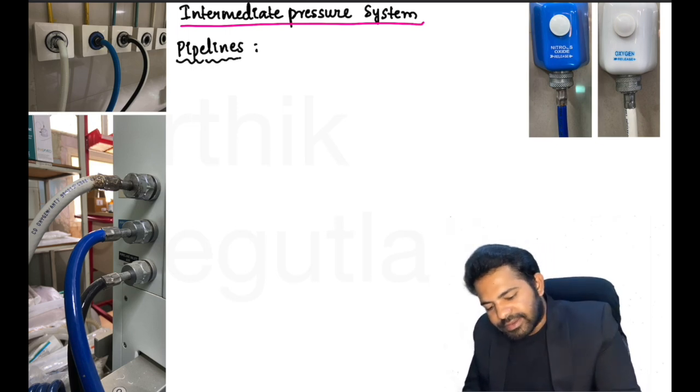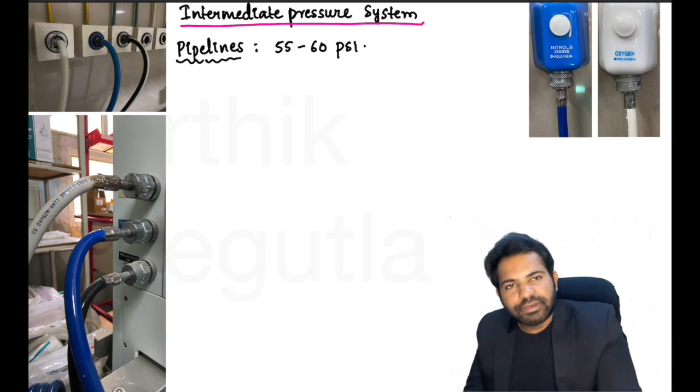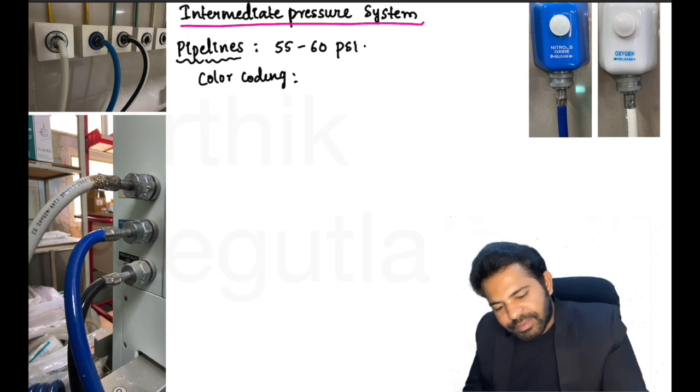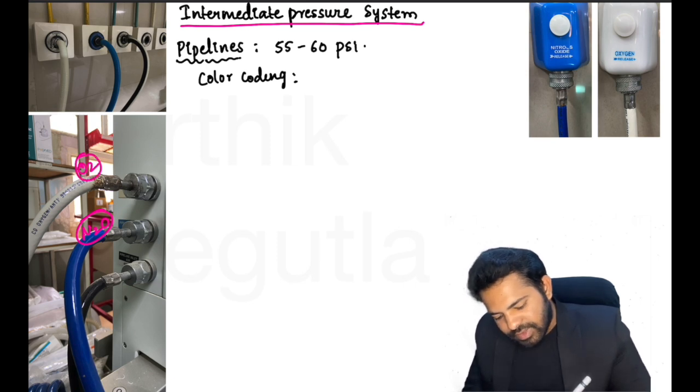So let us learn them. The pressure in the pipelines is 55 to 60 psi, pounds per square inch, as you know. Then what is the color coding? You can clearly see in this picture the color coding for nitrous oxide is blue, for oxygen is white, and this black pipeline here is for air.